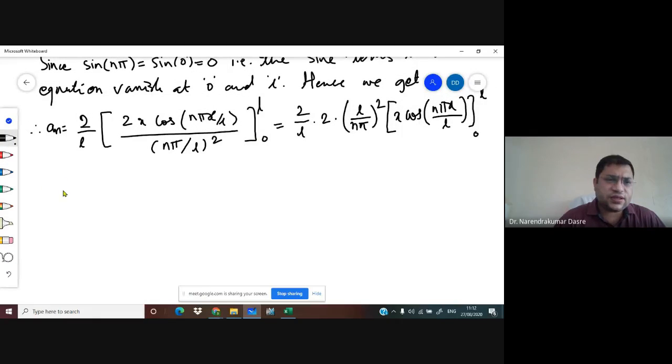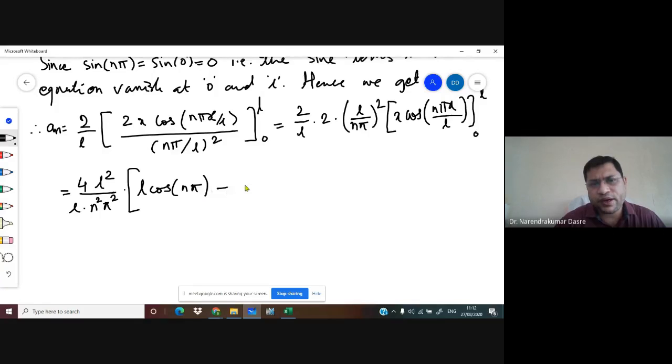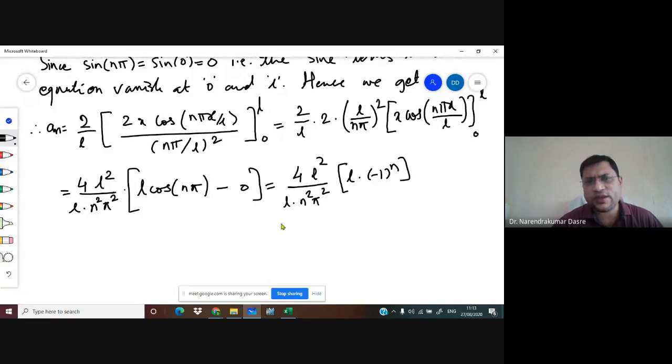Now simplify this, so we get 4L square upon L n square pi square, and here if I apply the limit L, I'll have L cos of n pi minus I'll have 0. So what we have is 4L square upon L n square pi square, and here we have L into minus 1 raised to n.